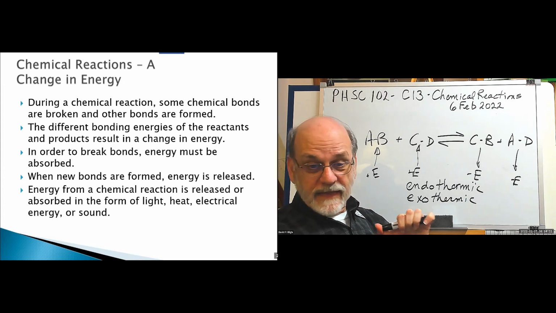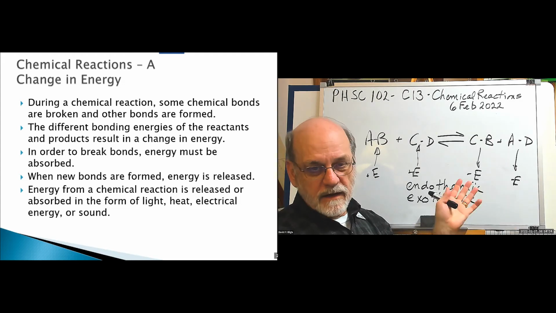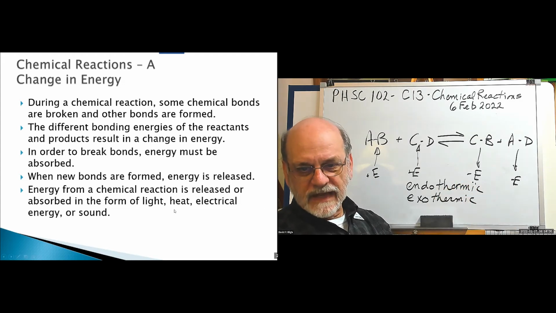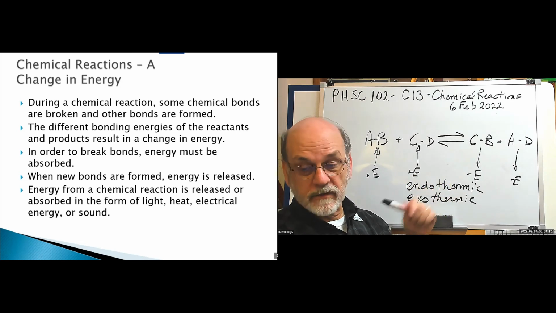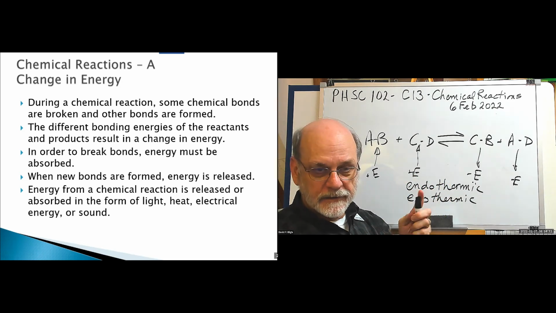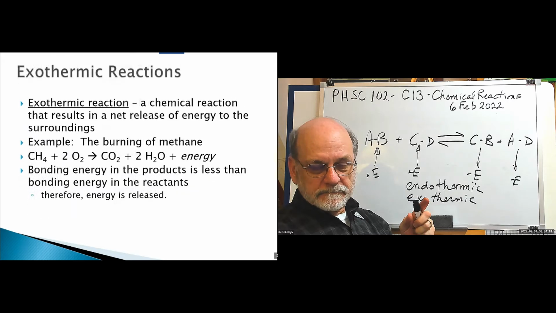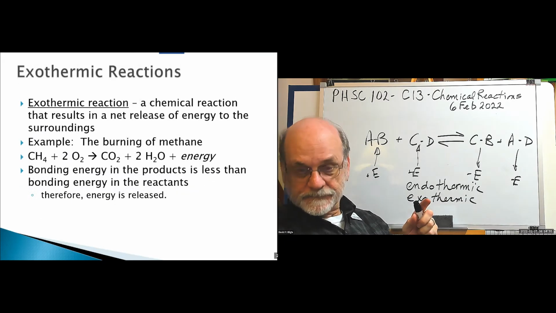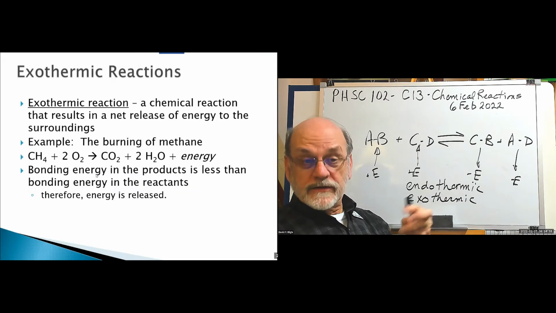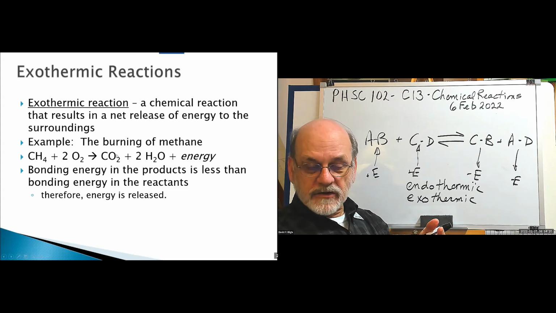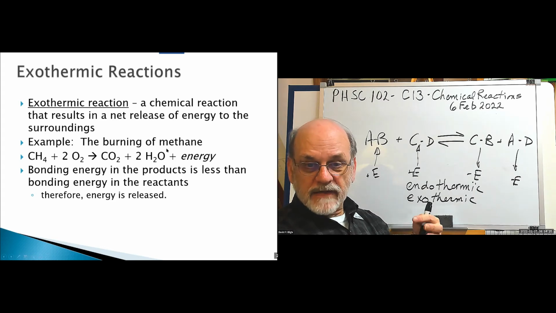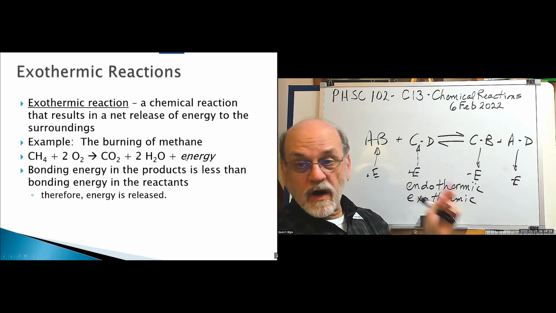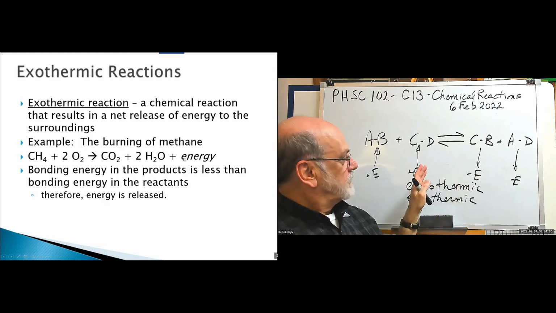Okay, and that energy can manifest itself in a number of different ways. Light, heat, electricity, sound, whatever the case may be. Okay, so this exothermic reaction, when we are expressing it as exothermic, then we usually put the energy term on the product side, right?